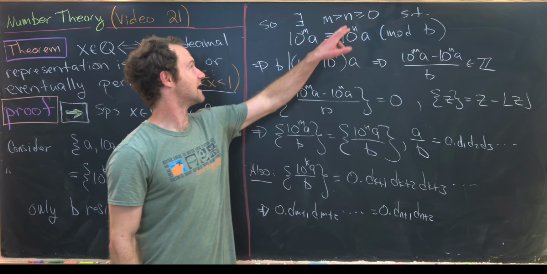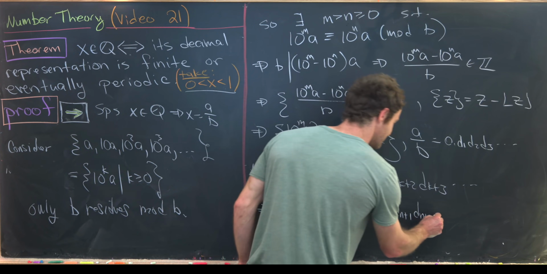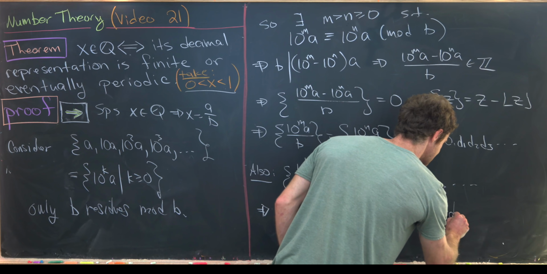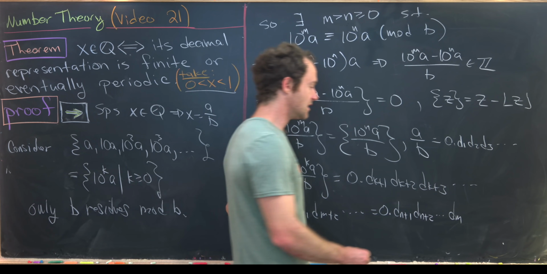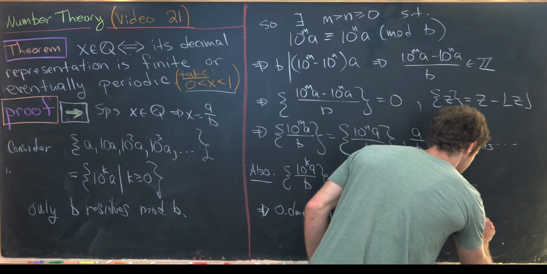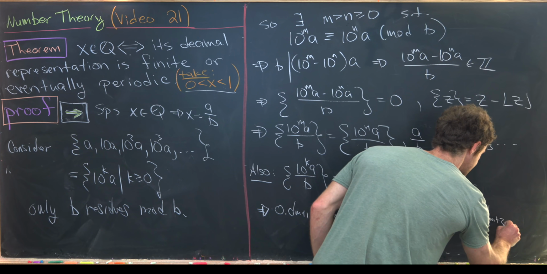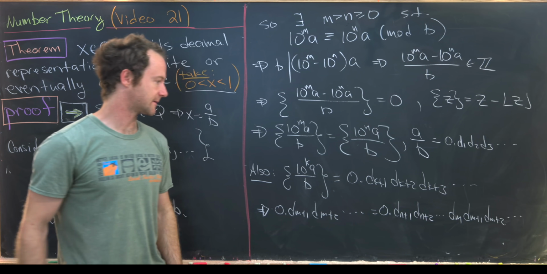But keeping in mind that n is less than m, eventually we will find d sub m as we go further into the expansion. But after that is d sub m plus 1, d sub m plus 2, and then we keep going.